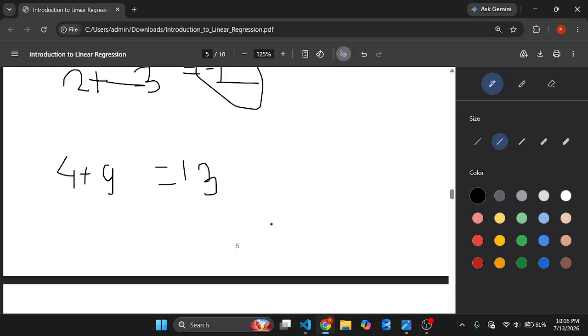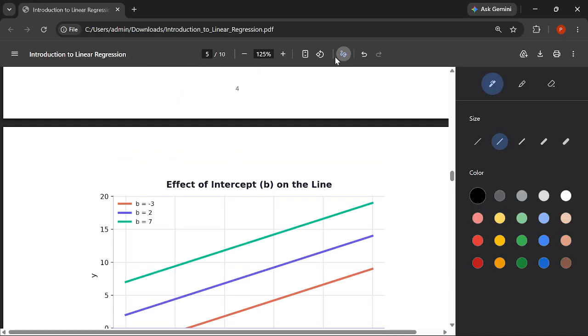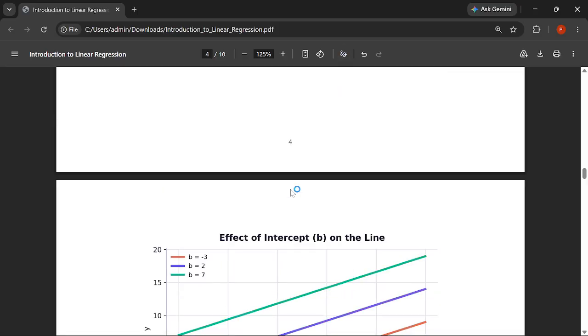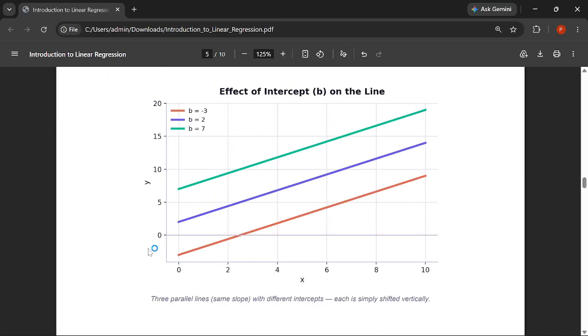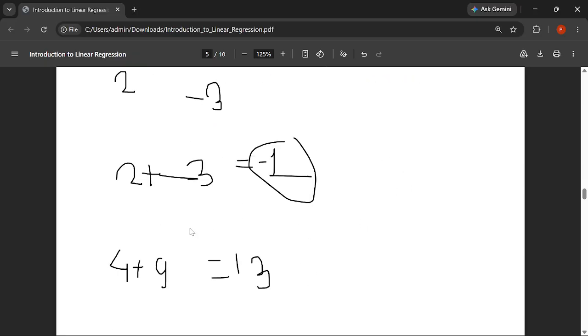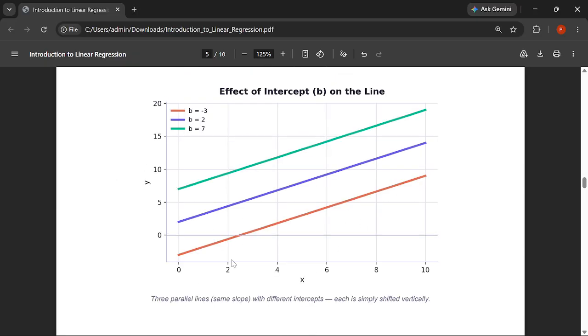What is b? As we have said here, b is nothing but the intercept. Can we say that the intercept will be the same for every data point while calculating y hat? Yes, we can, because our line is simply a single line here, so b must be only one value.